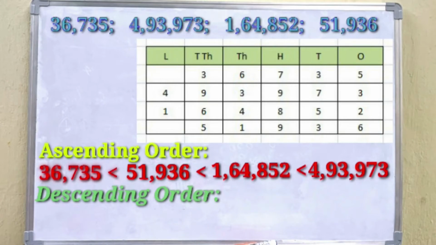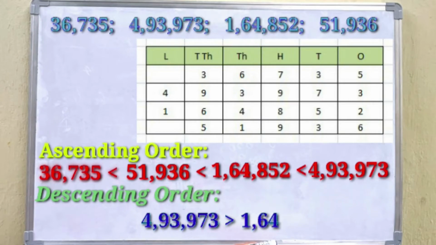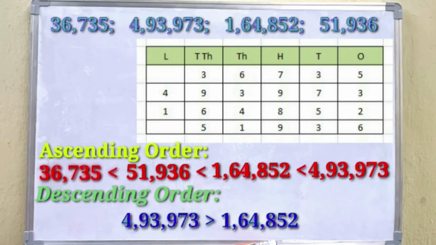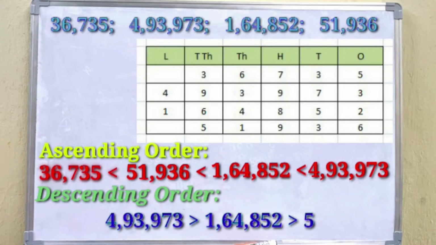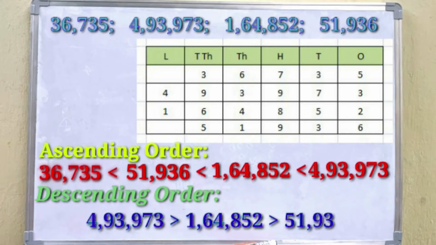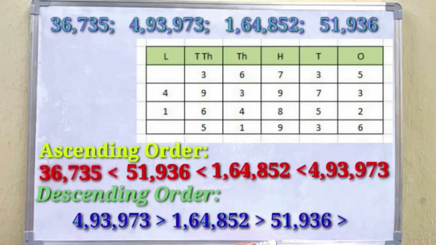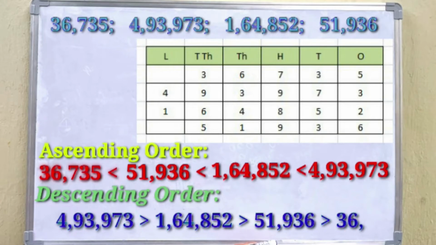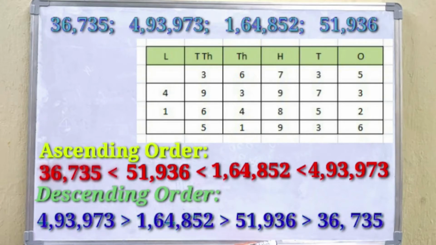So first let us write the bigger number here. 4,93,973 is greater than 1,64,852, which is greater than 51,936, which is greater than 36,735.